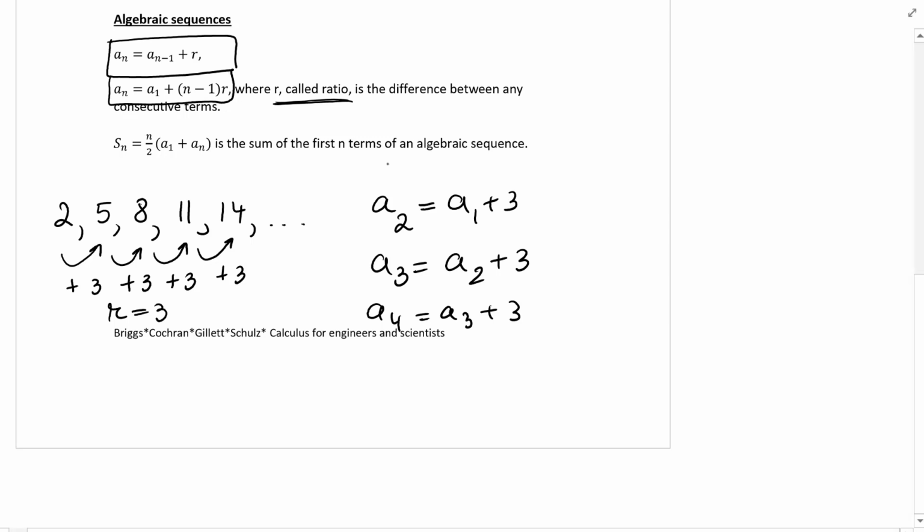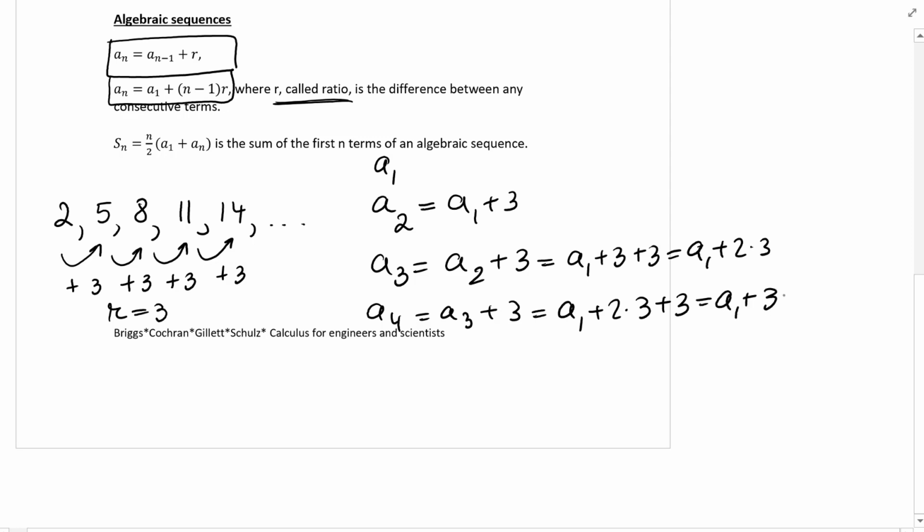How did they get that? Well, just think about it. A sub 2 can be written as a sub 1 plus 3. A sub 3 is a sub 1 plus 2 times 3. Then a sub 4 is a sub 1 plus 2 times 3 plus 3, so it's a sub 1 plus 3 times 3.